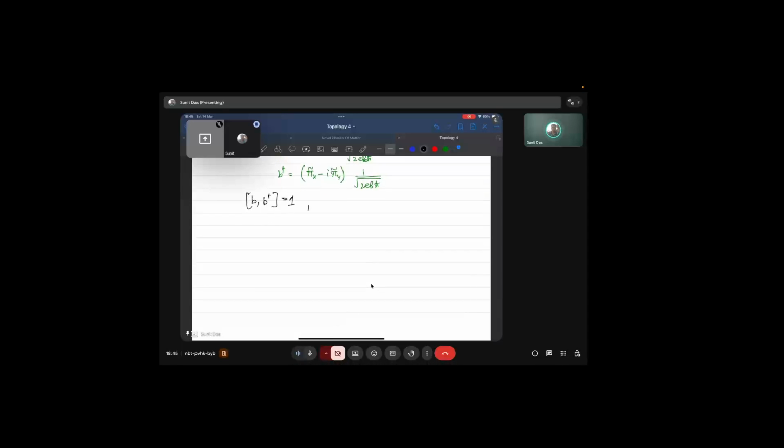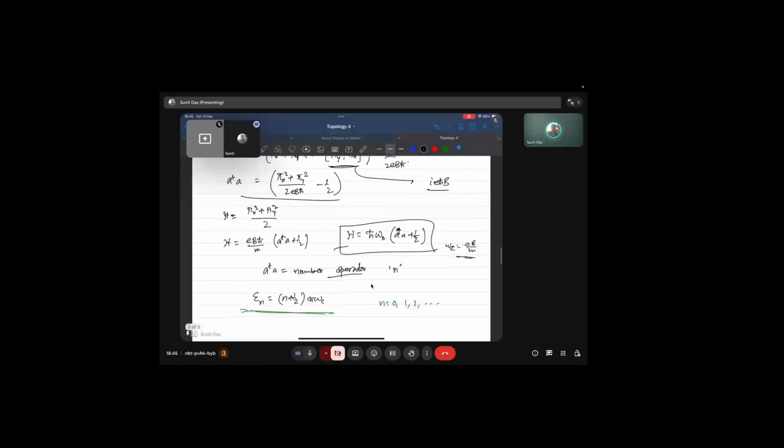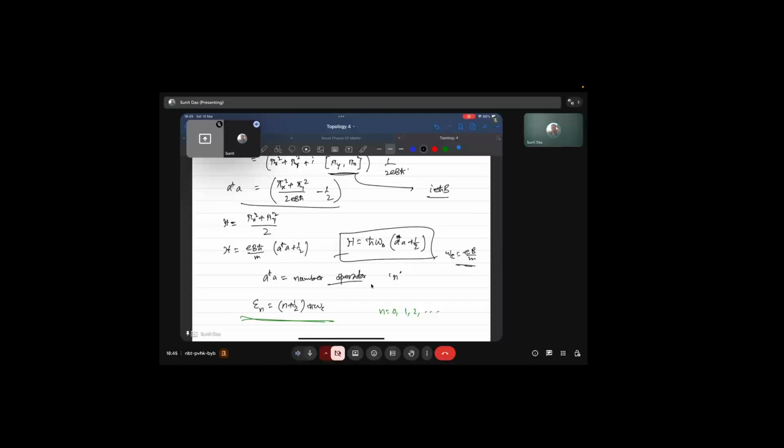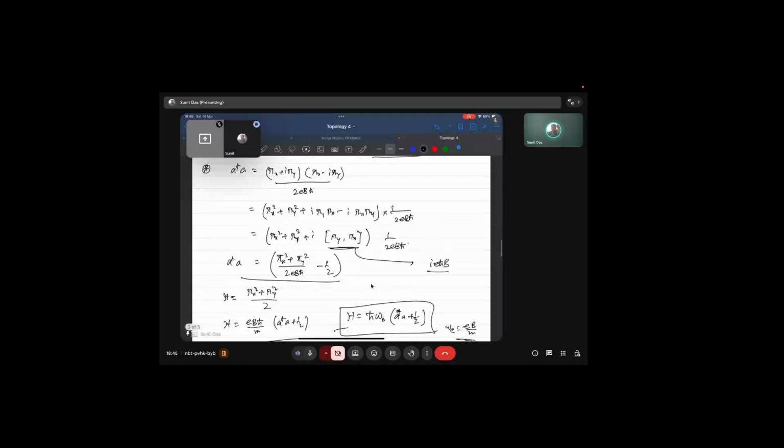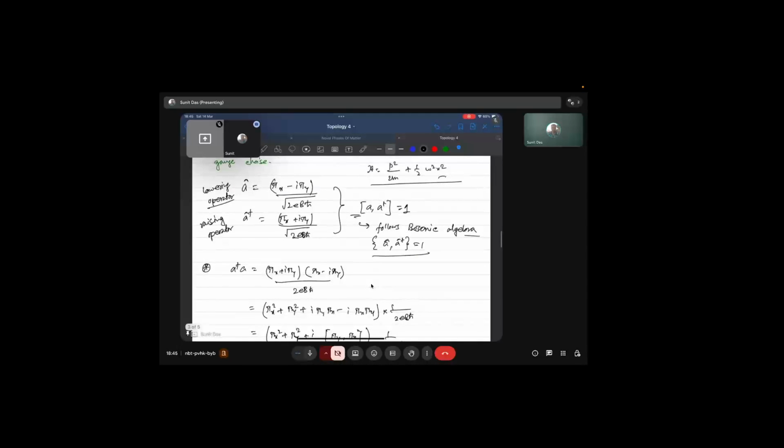Remember, initially what we defined, the commutator of a and a dagger, was one for our case when we solved the quantized energy levels, just like it happens in the harmonic oscillator case.